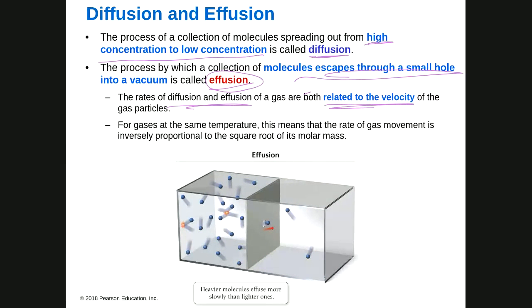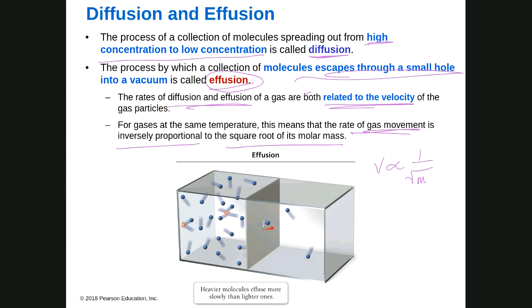And that means, so it's not a linear relationship, but the rate of that gas movement is inversely proportional to the square root of its mass. Okay, so the rate, the velocity, is proportional to 1 over the square root of the molar mass.